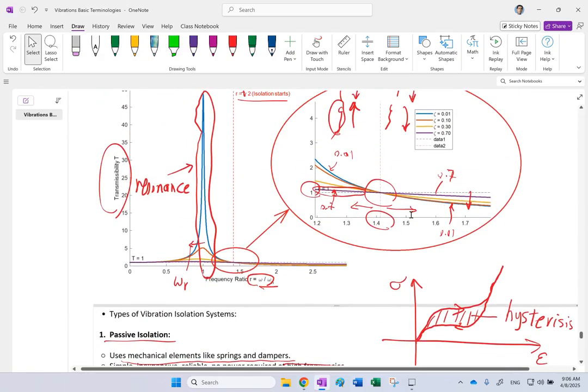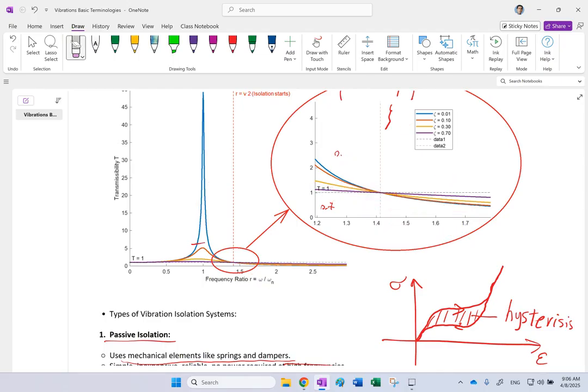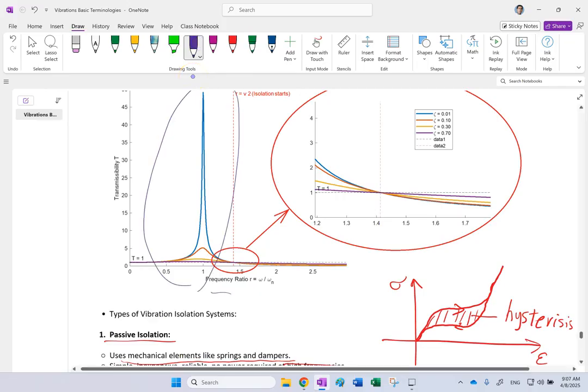The problem is they are really good only for the high frequency range. In the low frequency range, regardless of what C or what K you pick for the system, there is resonance. So you have to deal with this. In the low frequency region, your resonance can still happen.